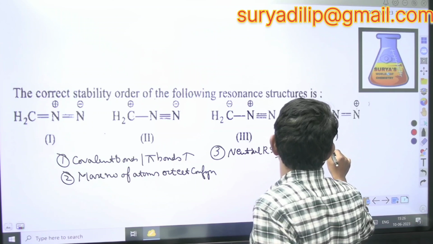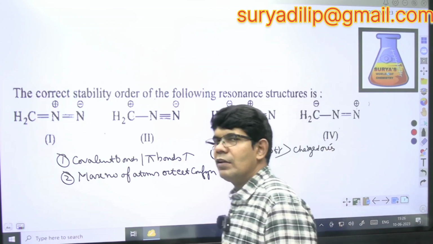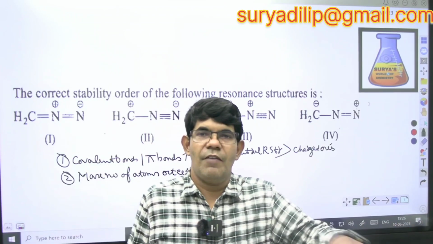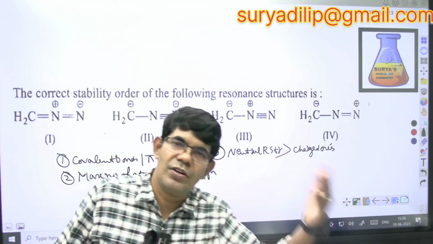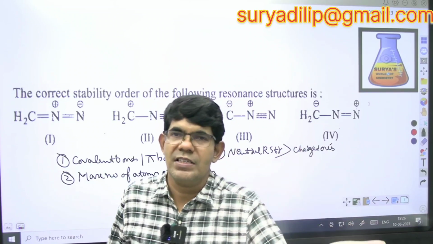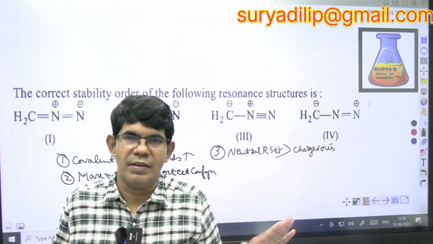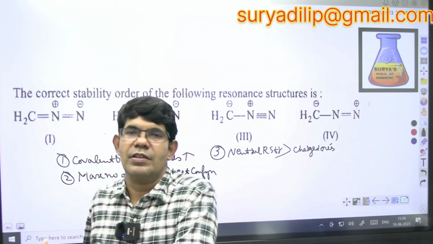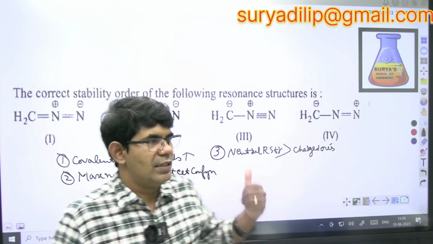Of course, in the resonating structures, the charges have to be maintained. If you have a neutral resonating structure, in the other resonating structures you have charges, but the total charge will remain the same, no doubt about it, right? But the one having the neutral resonating structure is more stable. That is the third rule.